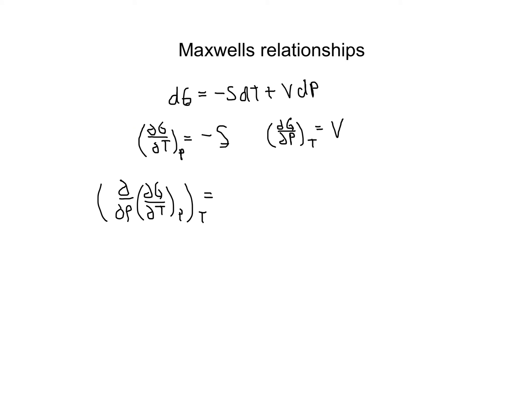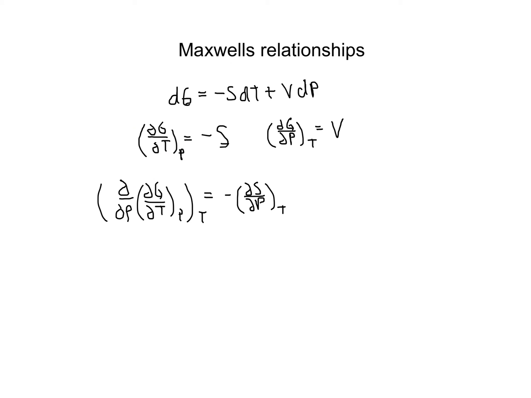And since I've taken the derivative of the left-hand side of that first derivative with respect to pressure, I need to take the derivative of the right-hand side with respect to pressure, which gives me minus the derivative of S with respect to P at constant T.